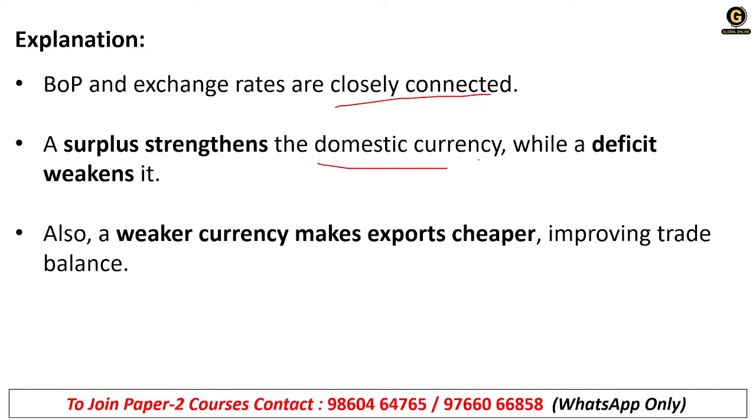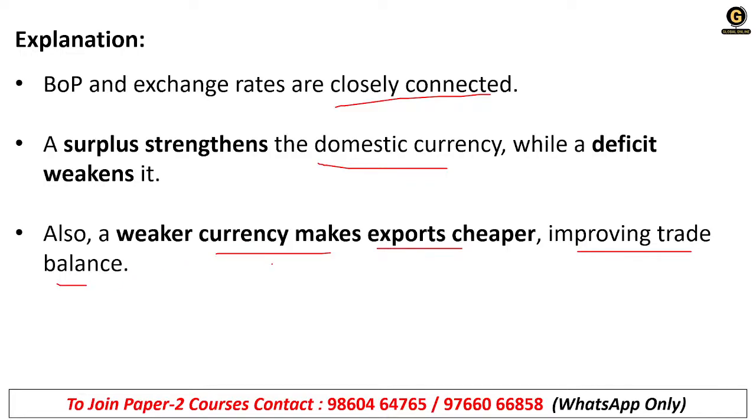Surplus strengthens the domestic currency. That is correct. When we have the BOP surplus, that means our currency is in a positive position, right? So it is not the deficit component, which is the thing that weakens the BOP. Deficit is the thing which weakens the currency. Correct. Also, a weaker currency makes exports cheaper, improving trade balance, right?